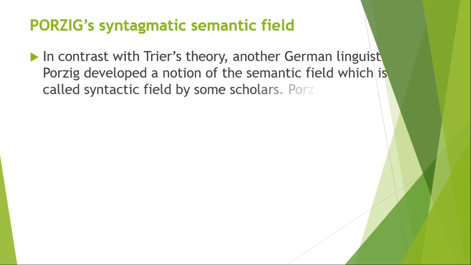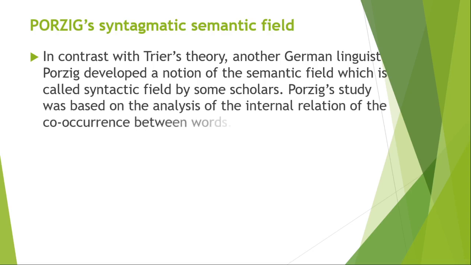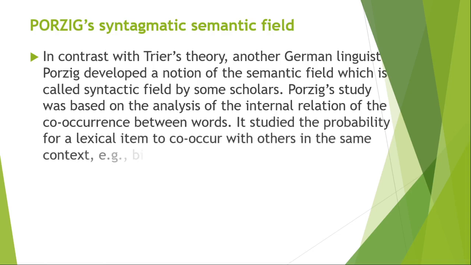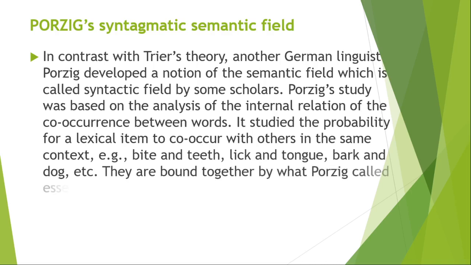Porzig's study was based on the analysis of the internal relation of the co-occurrence of words. It studied the probability for a lexical item to co-occur with others in the same context. For example, bite and teeth, lick and tongue, bark and dog, etc. They are bound together by what Porzig called essential meaning relations.